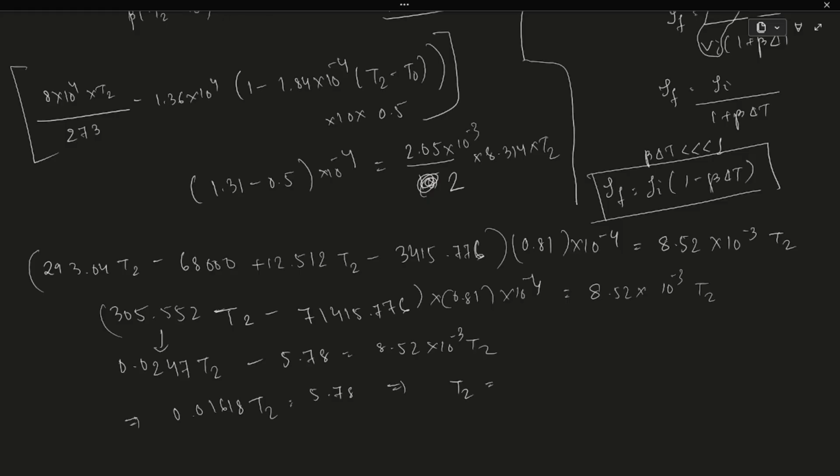T2 is basically 5.78 divided by 0.01618, so the temperature you get is 357.23 Kelvin.